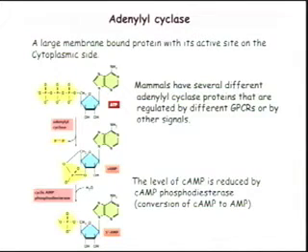Now, in the cells, normally without any ligand, cyclic AMP exists at a concentration of around 10 to the minus 7 molar. So it's a very low concentration molecule. The reason that it's kept low is because whenever adenylyl cyclase activates this process, there's another enzyme that gets rid of it.